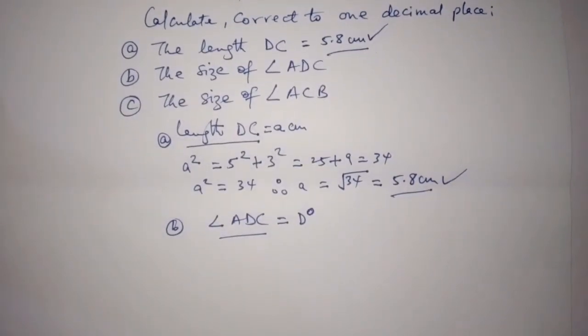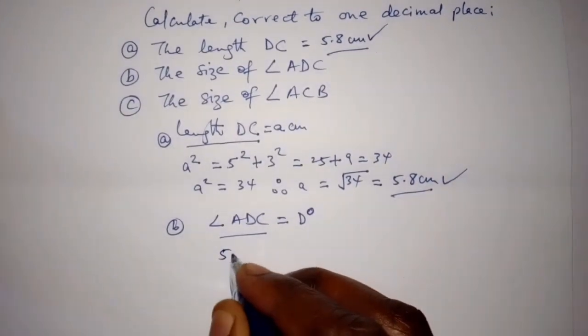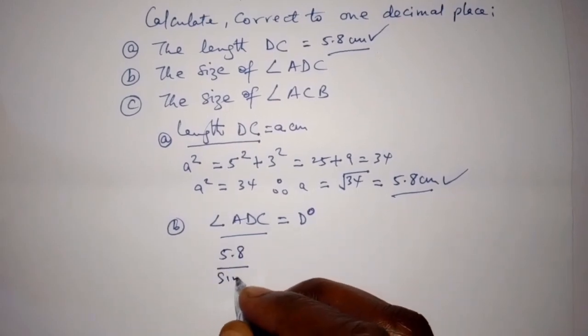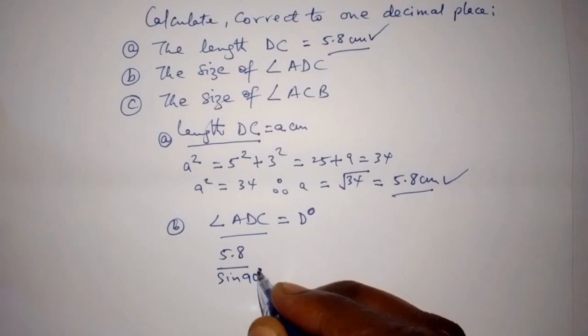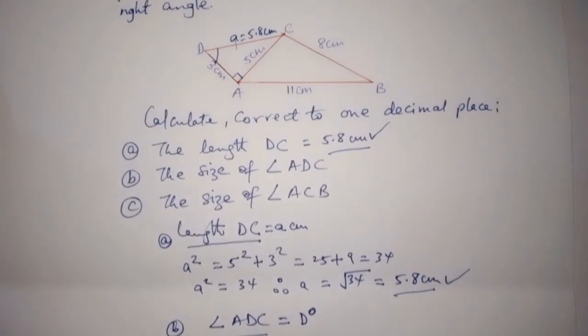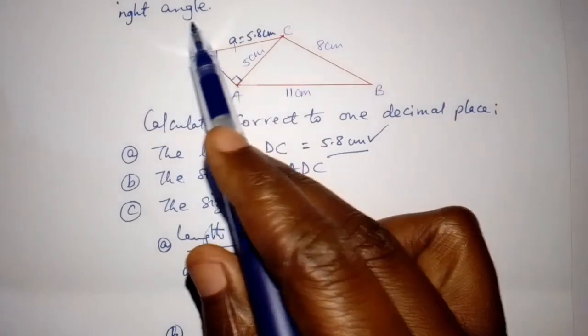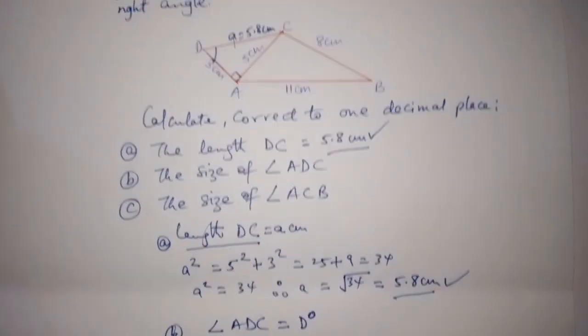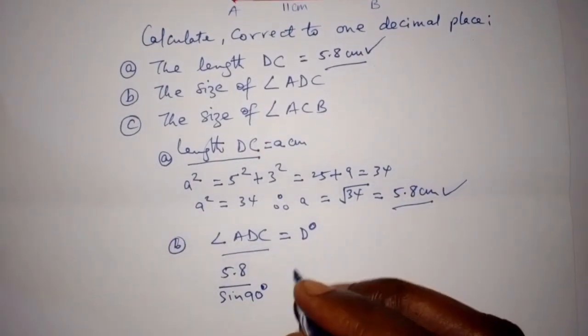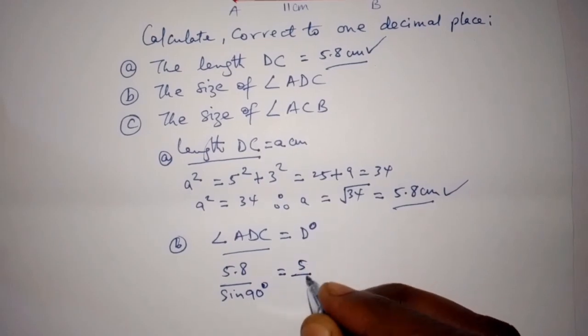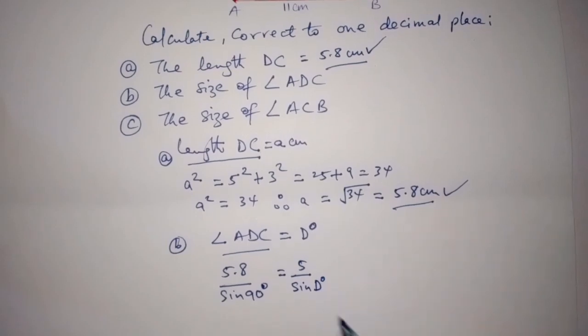So we can say that 5.8 over sine 90 degrees, this angle is 90 degrees, it is a right angle, is equal to 5 over sine D degrees.